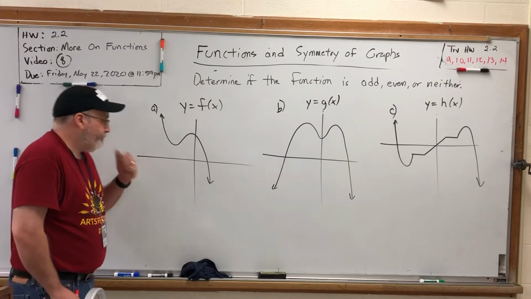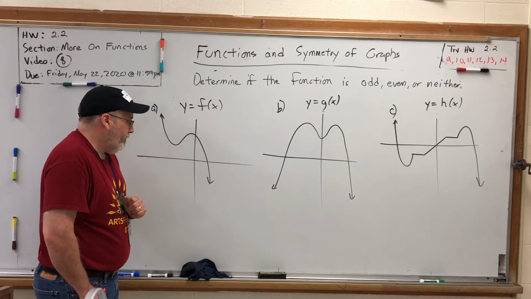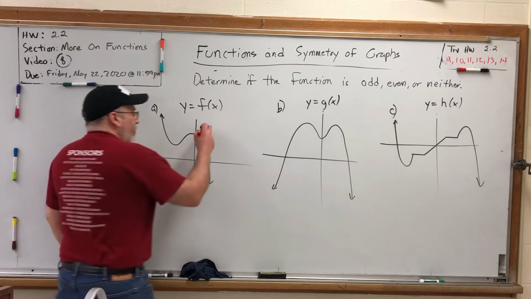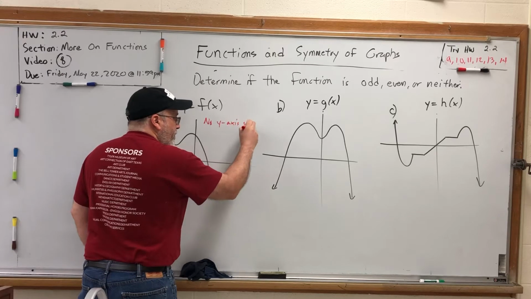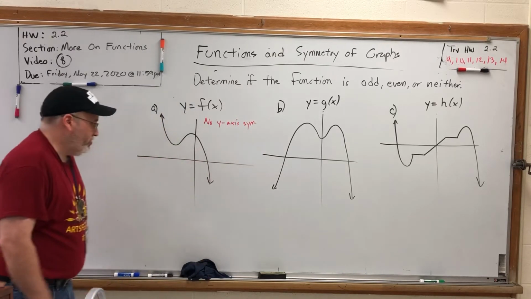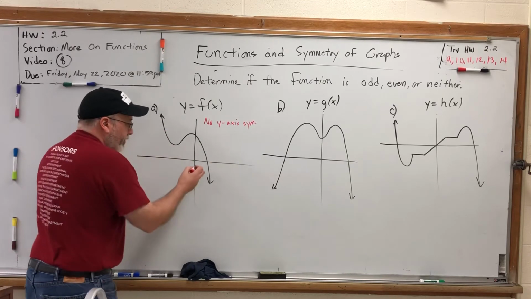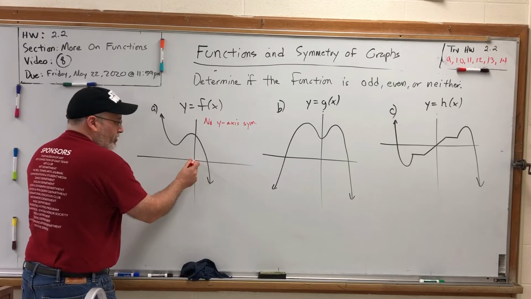Let's start with this one. Does this graph have y-axis symmetry? Is the left half a mirror image of the right half? No. This graph has no y-axis symmetry. Does it have origin symmetry? If I were to put this on a turntable and rotate it 180 degrees around the center, the origin, would the graph land on top of itself?